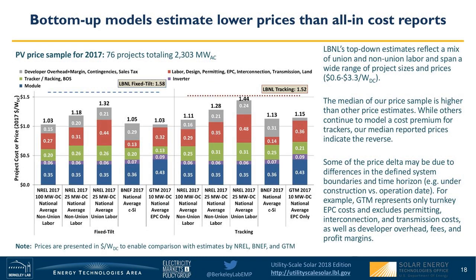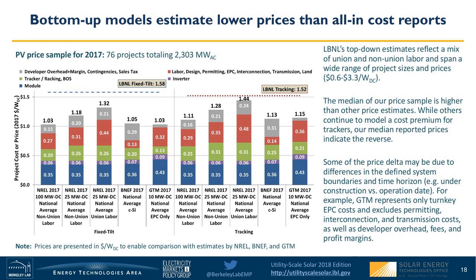I will conclude this upfront capital cost discussion with a brief comparison between our all-in cost reports and some other estimates from various industry stakeholders who utilize bottom-up price models.